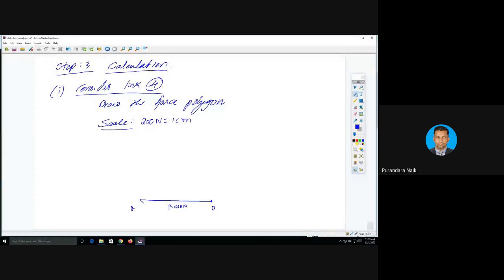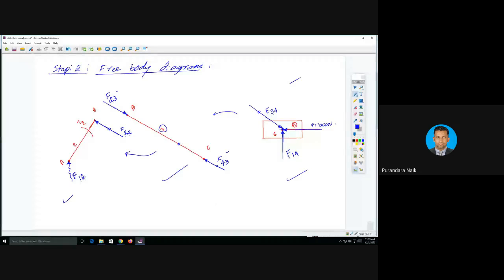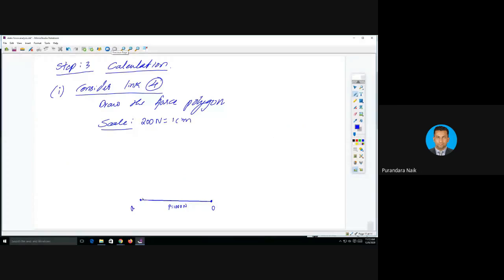What else is there? See here. One more force, that is F14, but I don't know the magnitude. I know the direction, but I don't know the magnitude. The direction is exactly vertical, 90 degree.